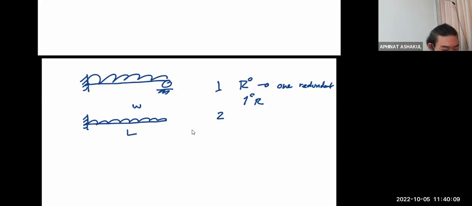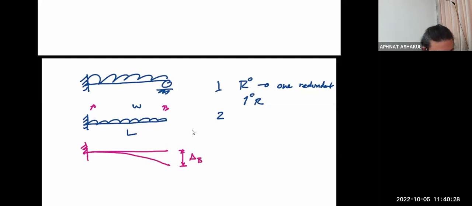This is point A. This is point B. If we are going to use the moment area method, the displacement at B is equal to TBA, right?